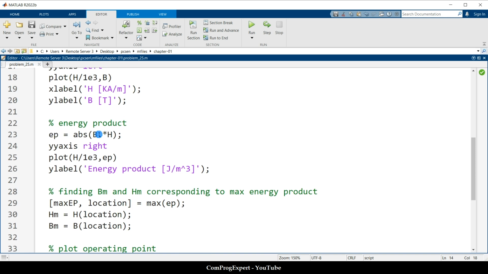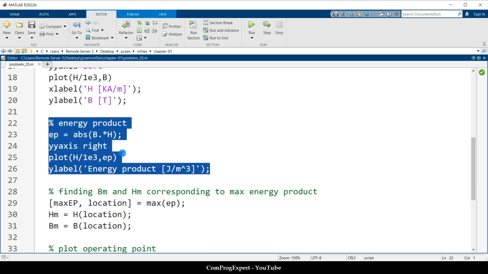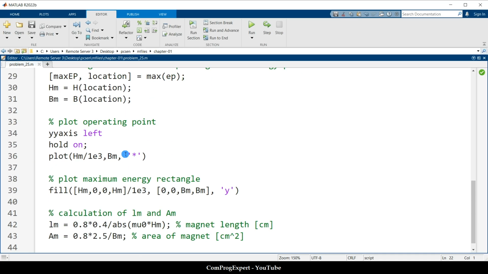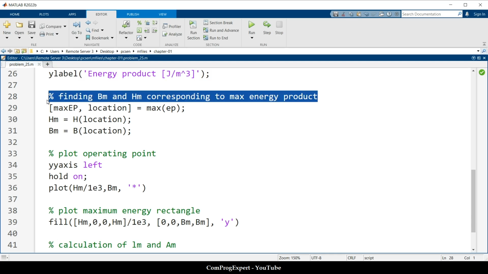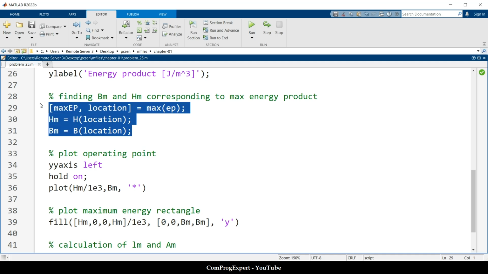We calculate the energy product, and finally we can plot it. Then how can we find the BM and HM corresponding to the maximum energy product? So using these three lines of the code.